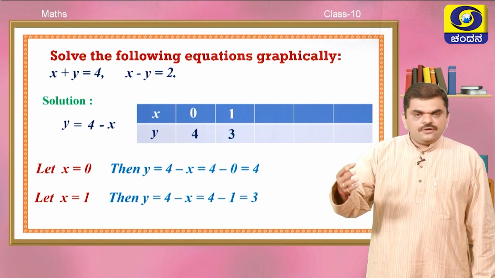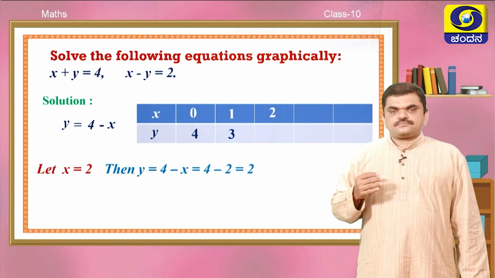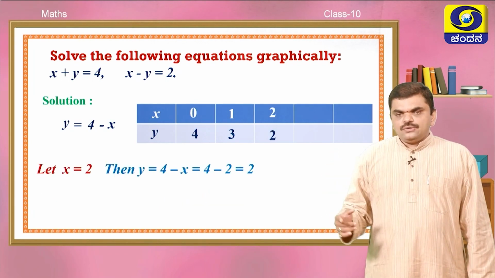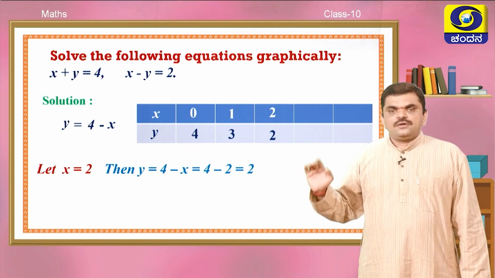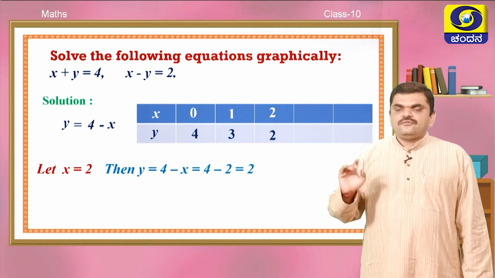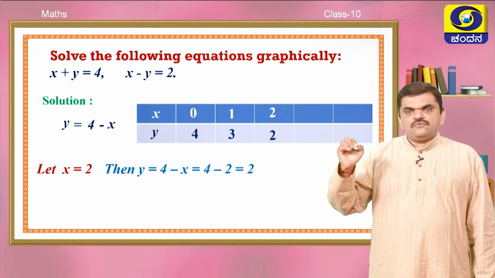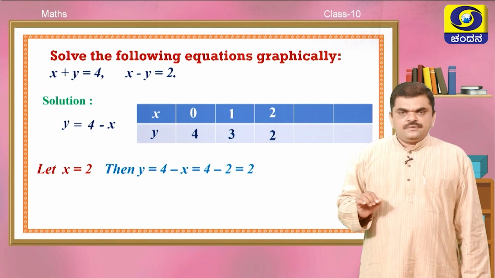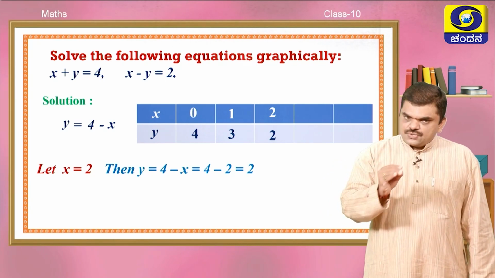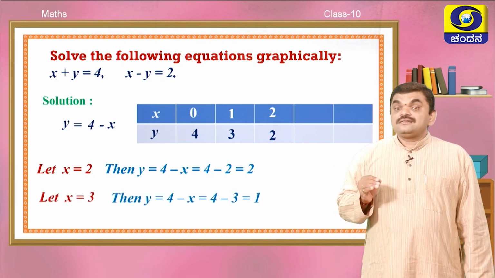Next give the value of x as 2. Let x = 2, then y = 4 - x = 4 - 2, that is 2. When x becomes 2, y also becomes 2, right. Next again give the value of x as 3.